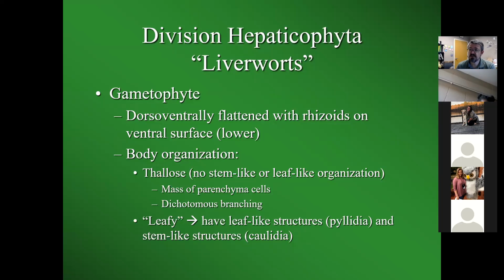There are two kinds of shapes that you'll see. The thalloid shape, which basically doesn't look like a stem or a leaf or anything. It's not really any organized shape of any sort. It's basically just a mass of parenchyma cells, but they do have dichotomous branching, where you'll see, that's not what I wanted.